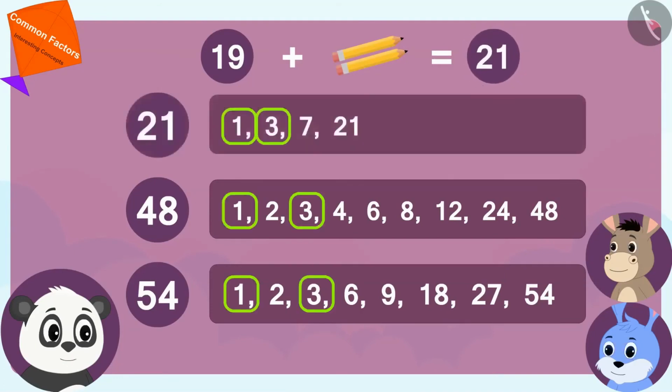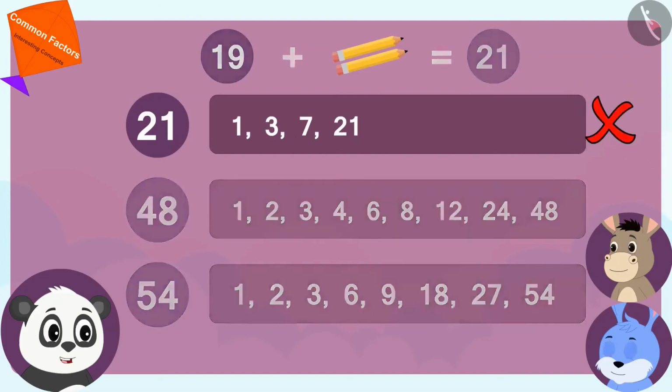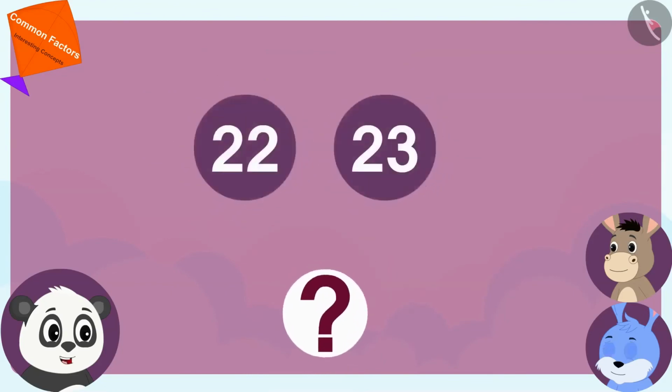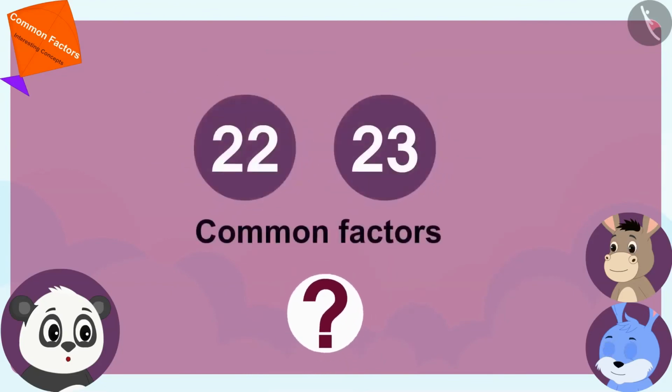But now also we are not able to get 6 as a common factor. Will we get 6 as a common factor in 22 and 23? Golu asked Bunny and Bhola. No, said Bunny.